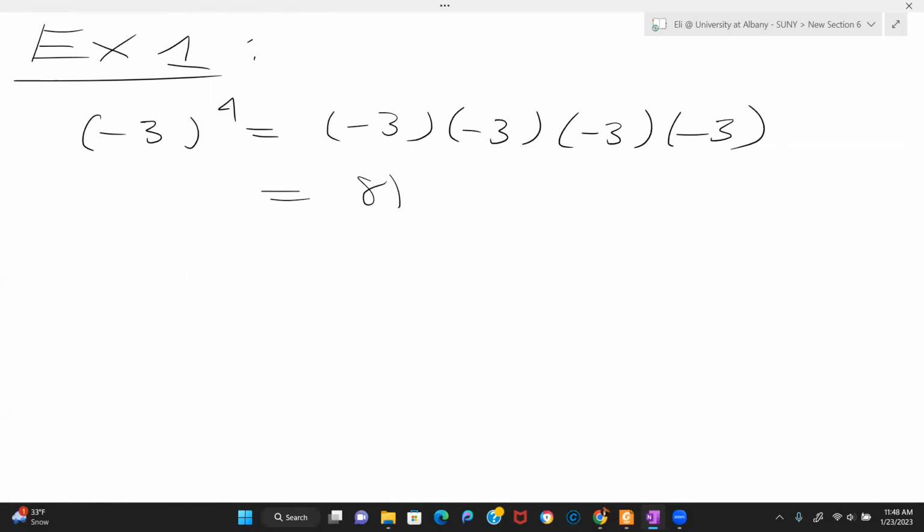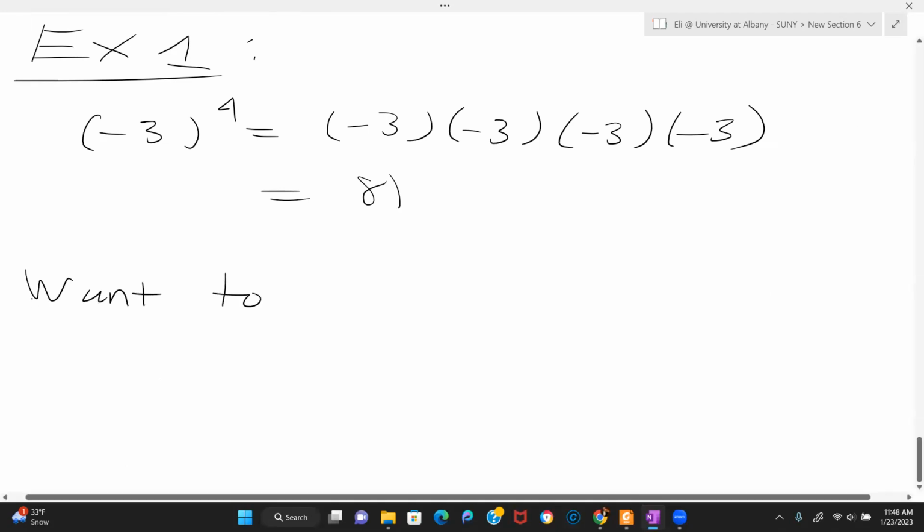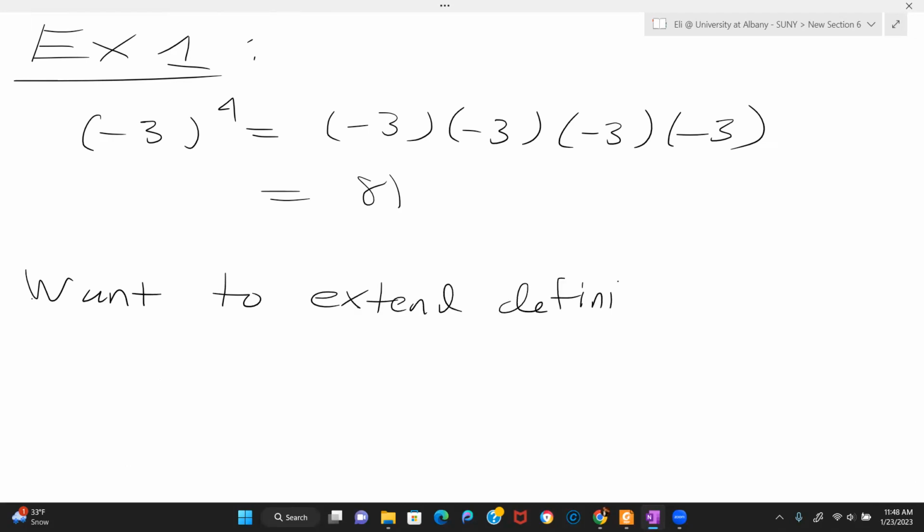So now we want to extend this definition to negative exponents. How do we make sense of that?